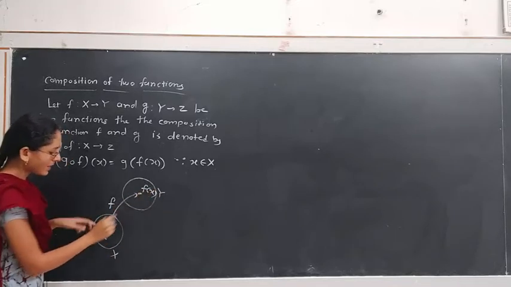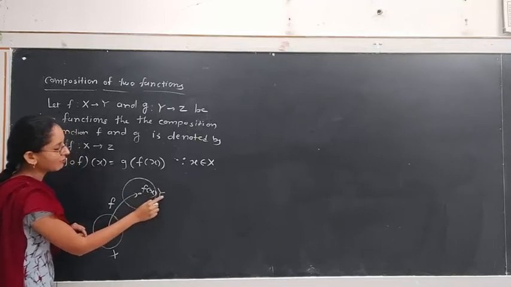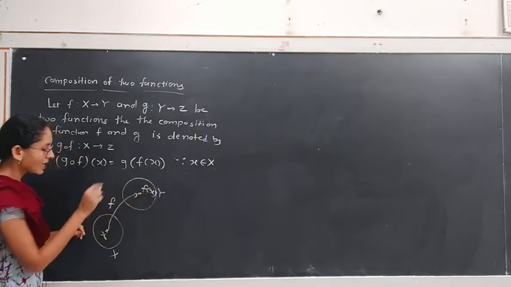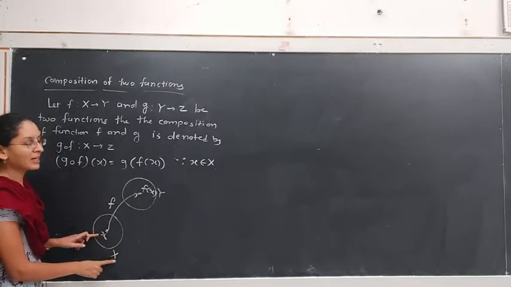What is this? The image of this point, f of x, belongs to set Y, where f of x is the image of the element x belonging to capital X.